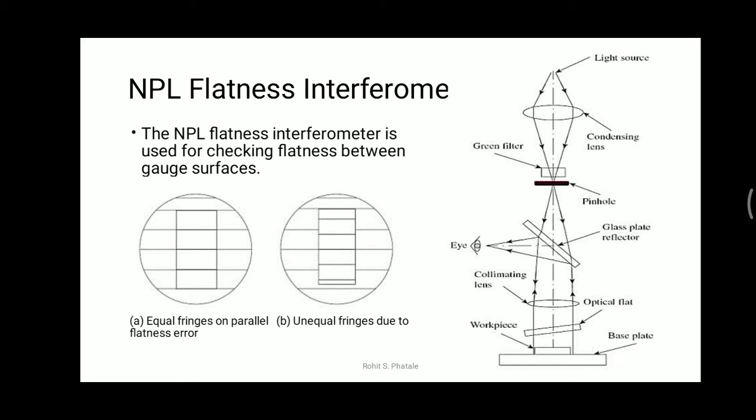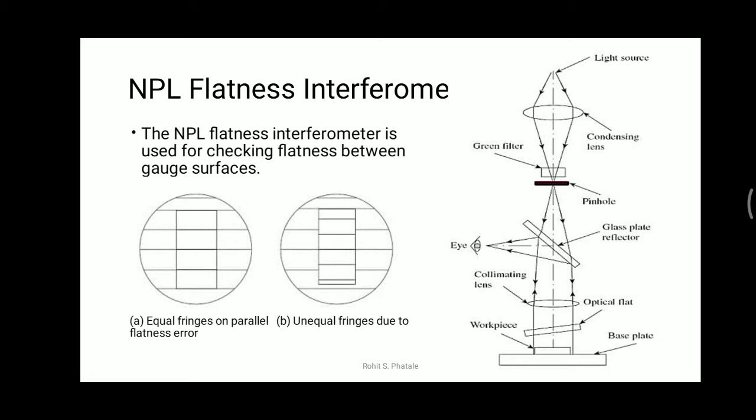This base plate is a part of this interferometer, and it is placed at the base of this device. On the base plate we are going to put the object whose flatness we want to find out.